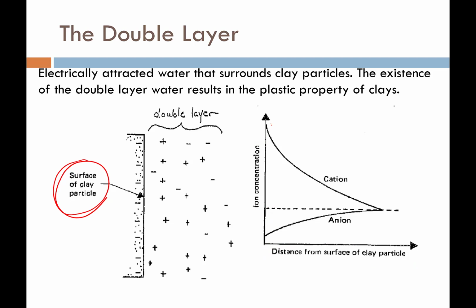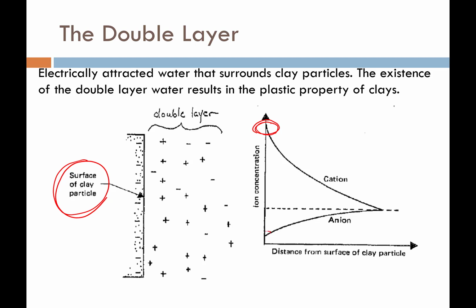Cations, we have the highest concentration right next to the surface of that clay particle. That's because we have covalent and ionic bonding happening between the cation and the exposed hydroxyl on the edge of the tetrahedral or octahedral sheets. And so we just get a ton of cations there.